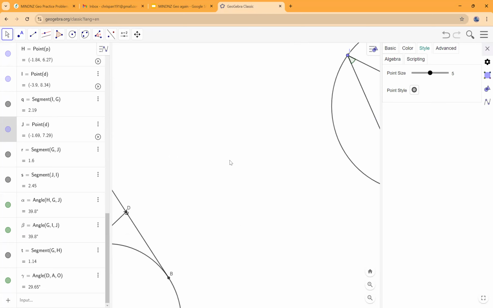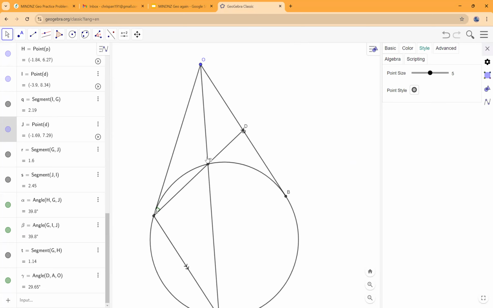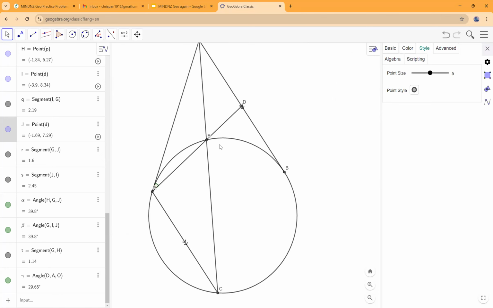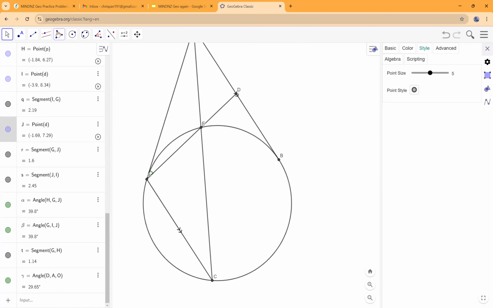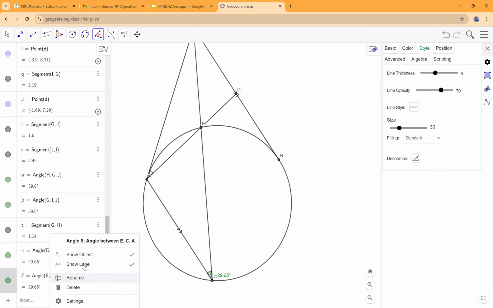So if we go back to our diagram here, we have this angle which is adjacent to the segment EA, pressed up against the segment EA. It is going to be equal to the angle that is opposite EA, so this angle, ECA.